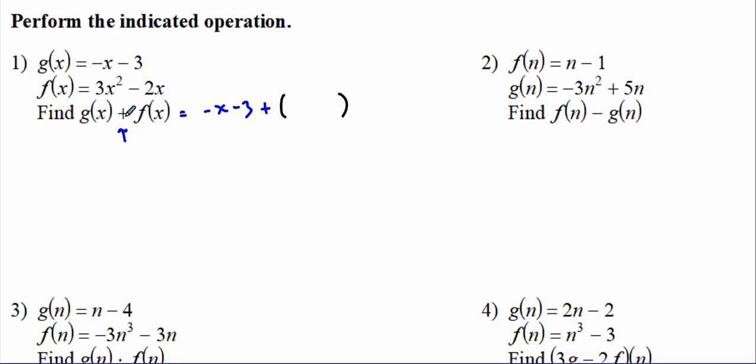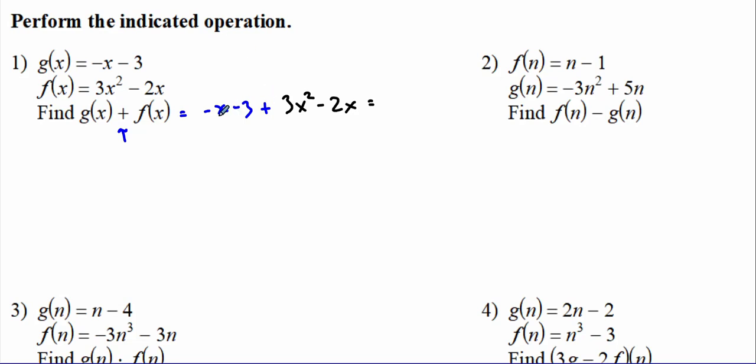Especially in the case where it's a plus, you really don't have to worry about distributing a negative. We'll see the second one where there's a minus in front. You just have to be a little bit more careful not to lose a negative sign. But in this case, I'm going to take those parentheses out, and the f function follows, which is 3x squared minus 2x. I could have done some of this mentally, just combine like terms.